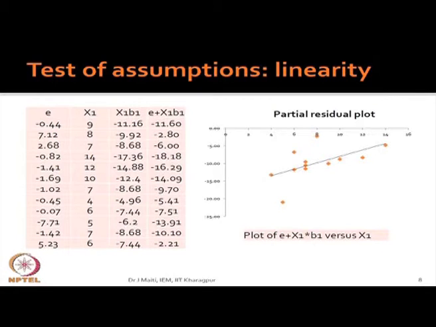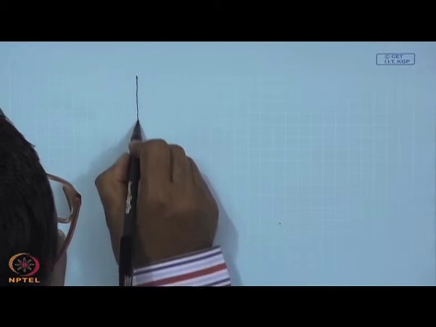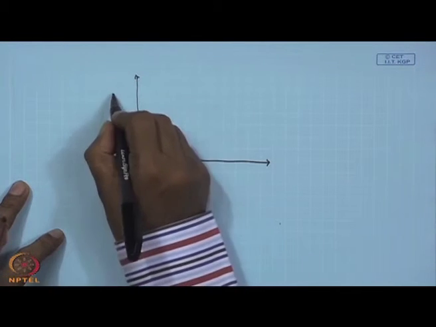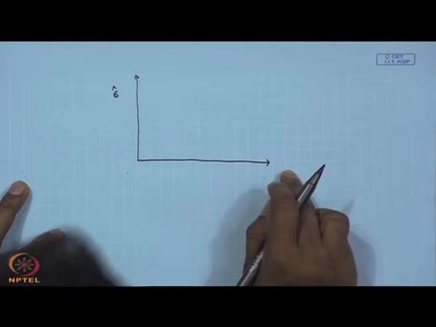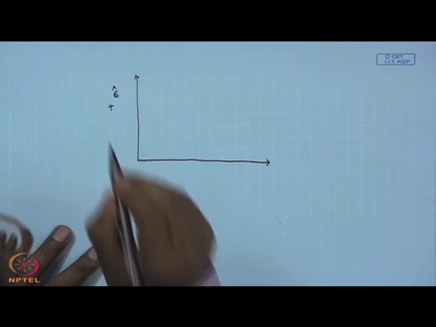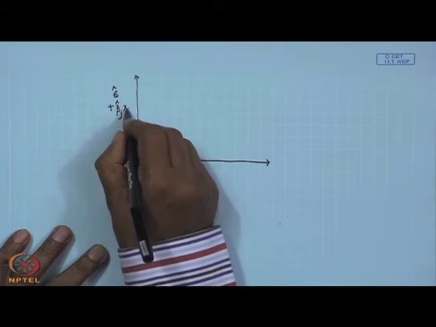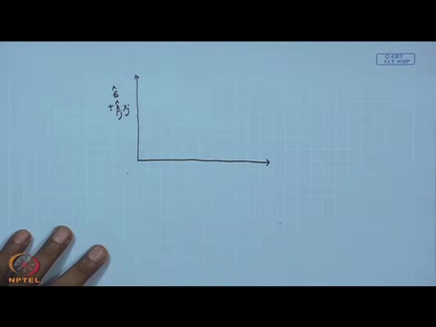Okay. Now, what is a partial residual plot? Partial residual plot looks like this. Here, instead of plotting residuals versus fitted values, we will plot the residual plus, for the jth variable, beta j cap xj, versus xj.